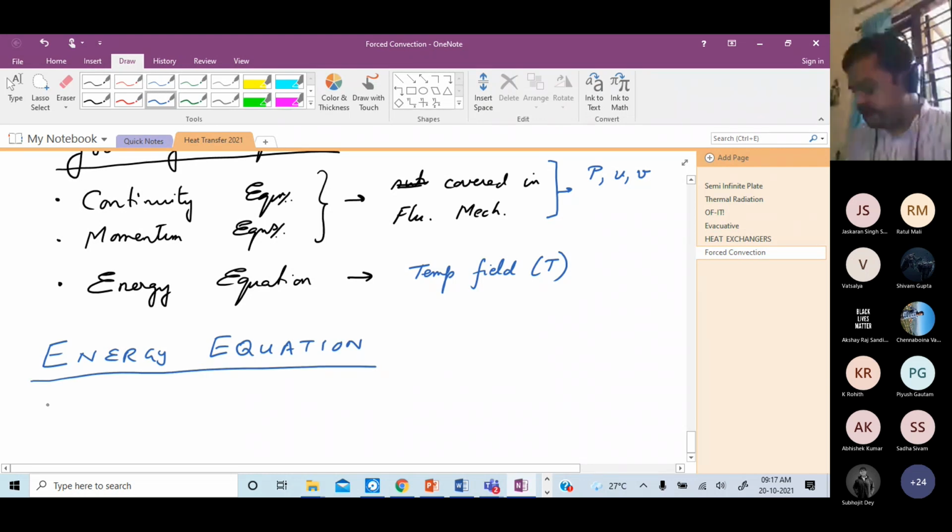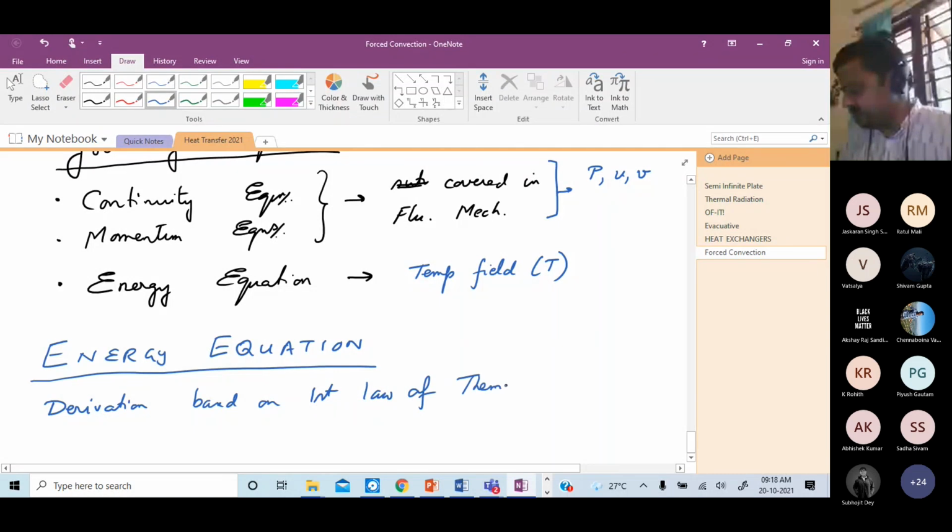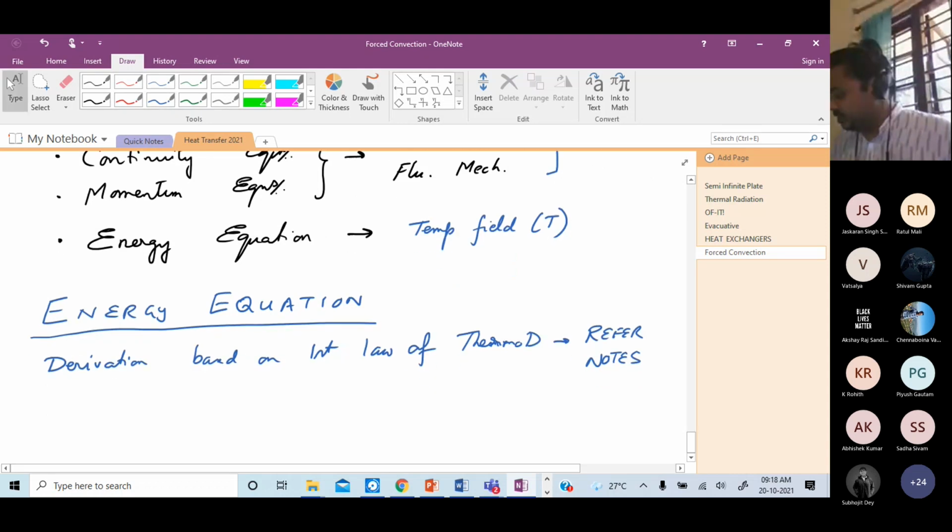The derivation is based on the first law of thermodynamics. It's basically energy conservation. Please refer to your notes.